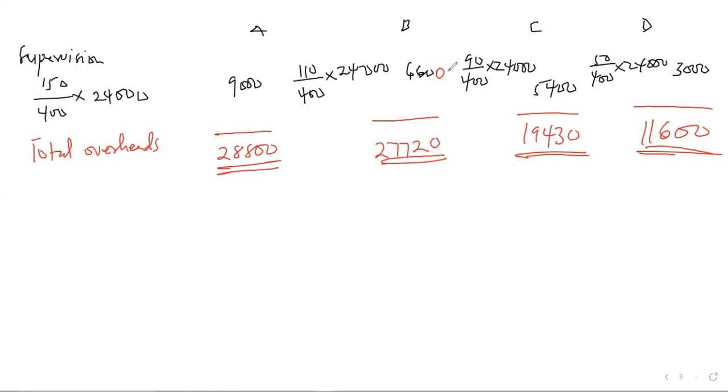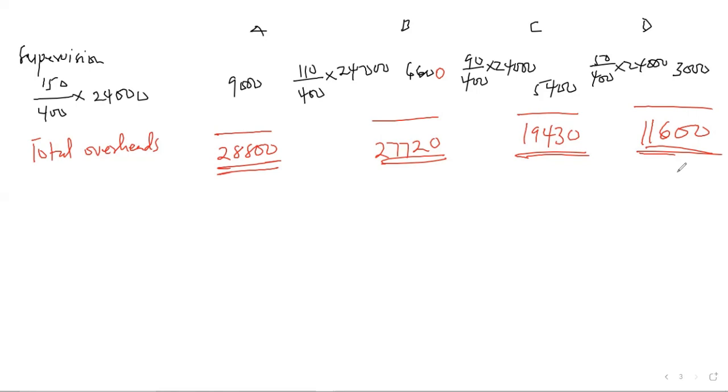In the question, they are going to give you a percentage that you are going to use to reapportion this 11,600 to the production department. So it depends on the question. If the question has only one service department, then you do that. But if the question has 2 service departments, you have to reapportion the overhead cost that you've apportioned to the service department to the production department to get the real total overheads for the production department.